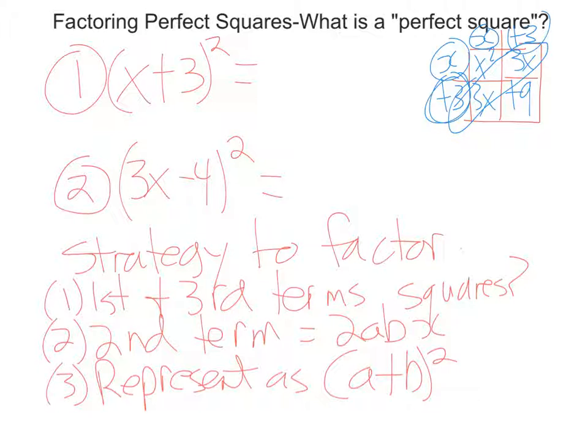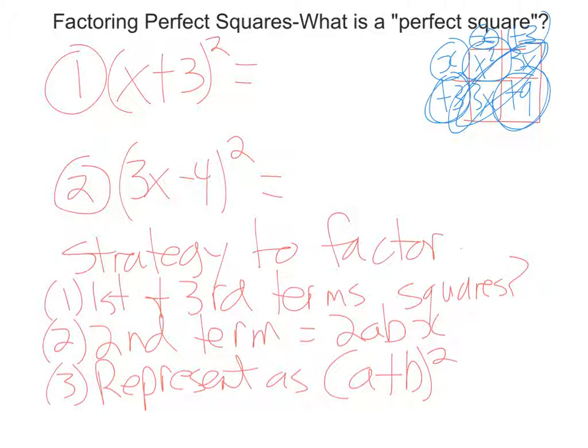So it's always going to have a perfect square at the start for the variable, the x squared. It's always going to have a perfect square for the constant, and then the middle term is always going to be double the product of the two terms in the factor.